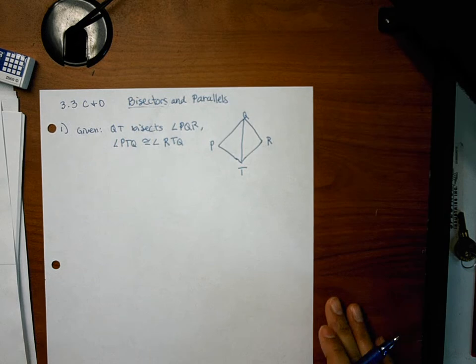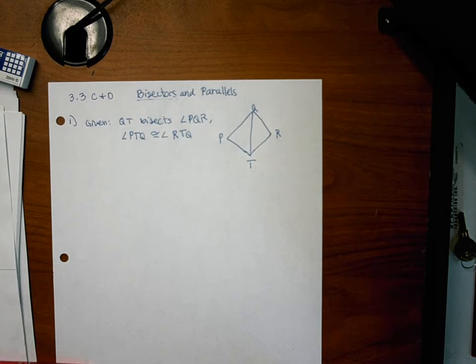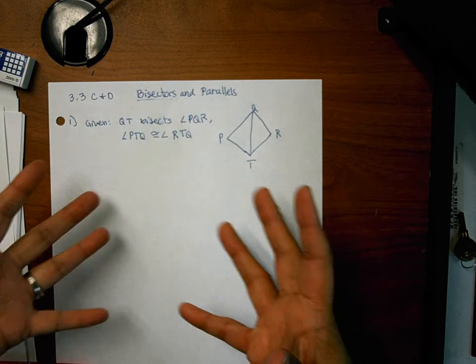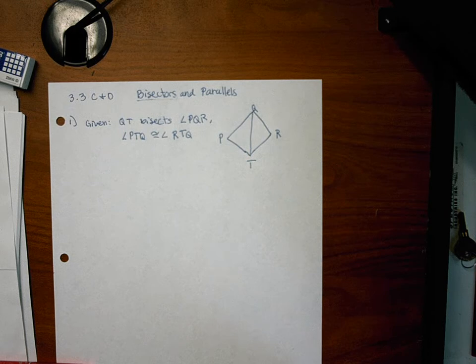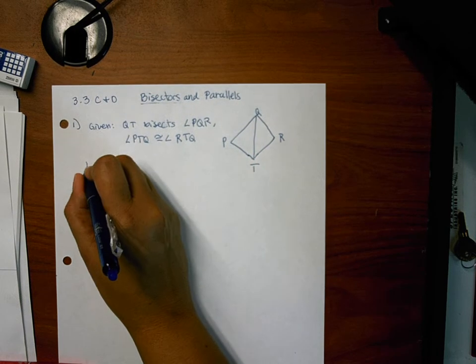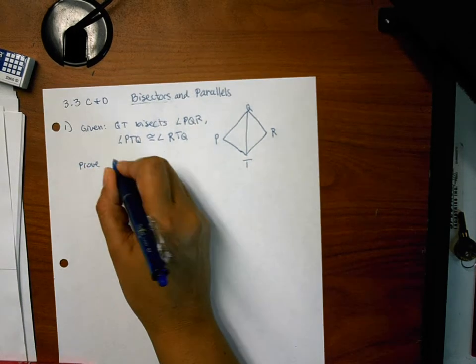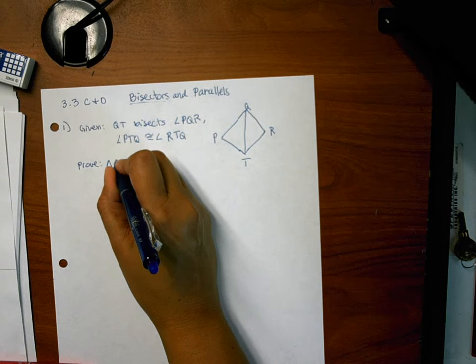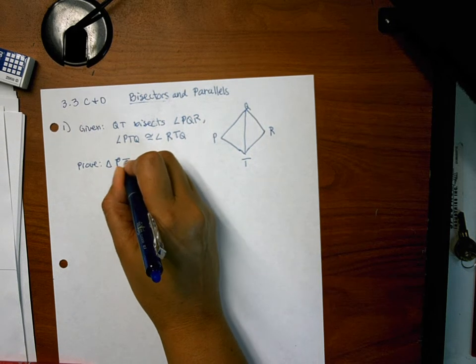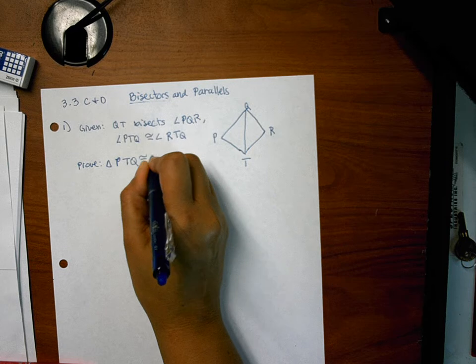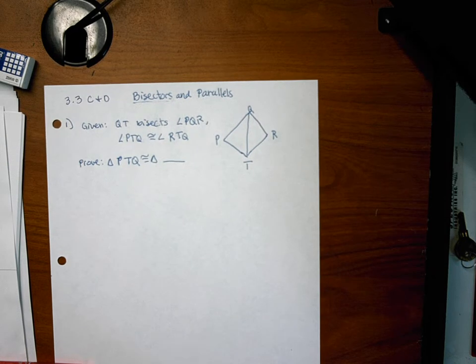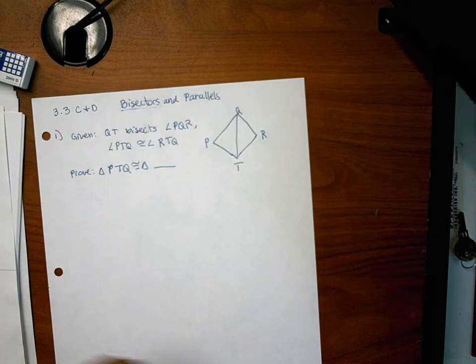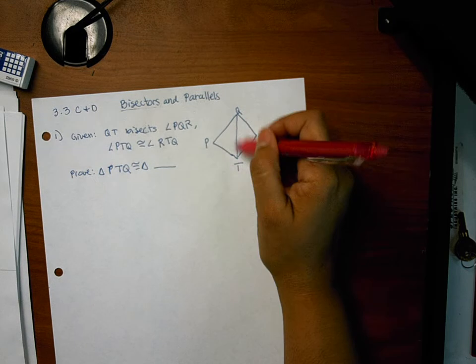This is PQRT. Okay, I will mark the given information in pen and what we can come up with in the picture in pencil. All right, what we are trying to prove is that triangle PTQ is congruent to triangle blank.